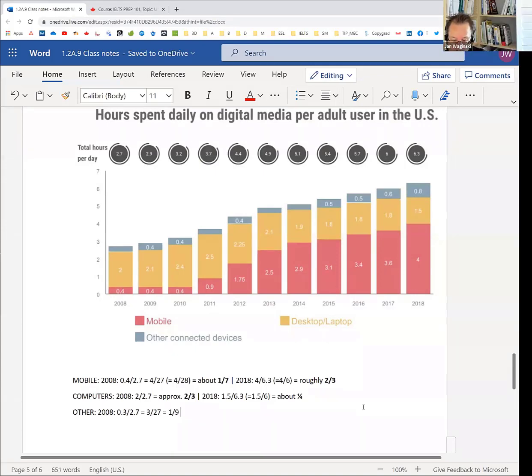Exactly. And then 2018, we've got 0.8 over 6.3, which is roughly the same as 8/64. That would go in very nicely, which is how much? 1/8. 8 times 8 is 64.